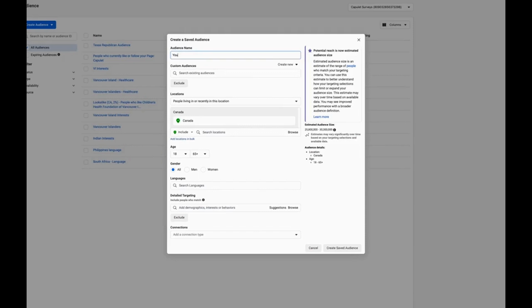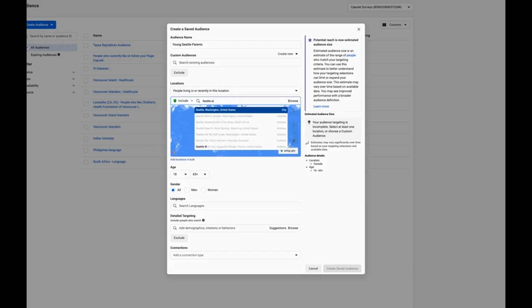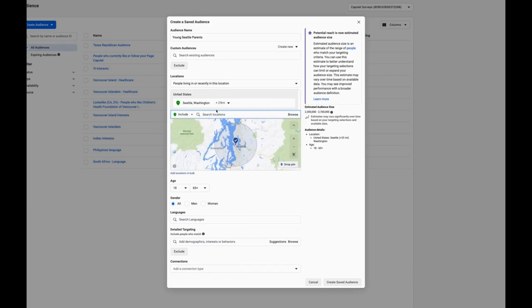Understand that we can target audiences based on many of their demographic qualities, by which I mean their age, their gender, where they live, what language they speak, and we can also target them based on what Facebook calls detailed targeting, which are kind of around interests and behaviors.